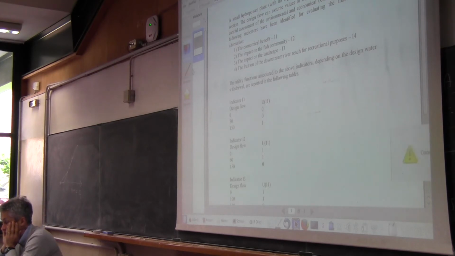Criteria 2 is species. And then there is landscape and tourism recreation. And now we have to build our matrix. So first of all, this is a 4 by 4 matrix, because we have 4 criteria.